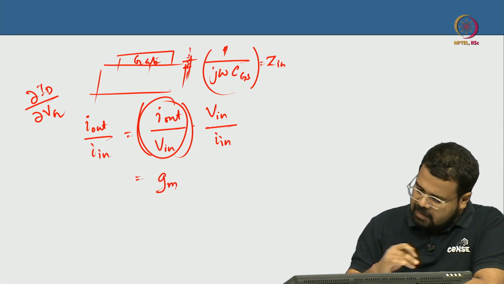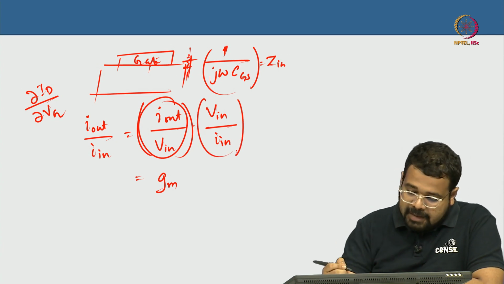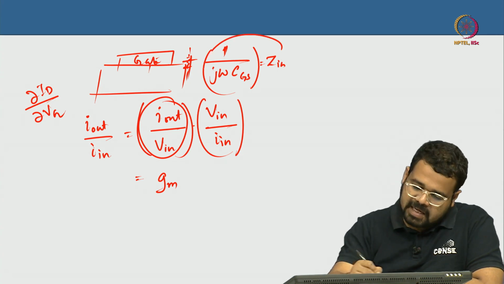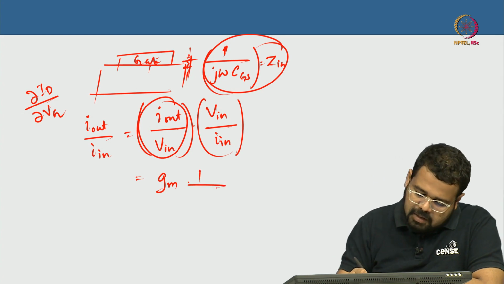Small signal, not DC, but that is okay, it is representative of Gm. And V in by I in, the input small signal voltage by the input small signal current, is precisely your input impedance, which is 1 by j omega CGS.